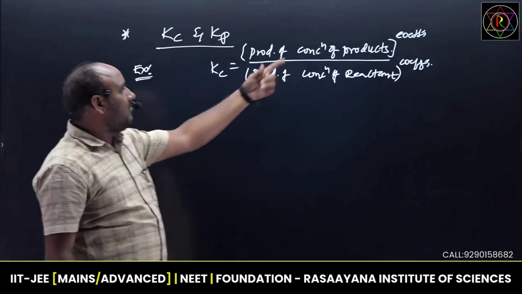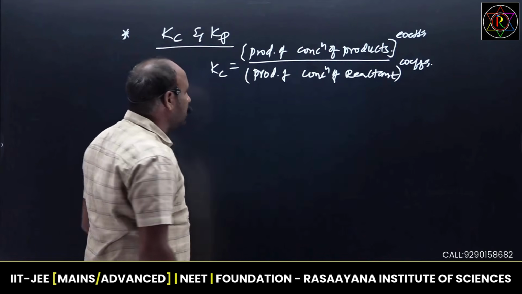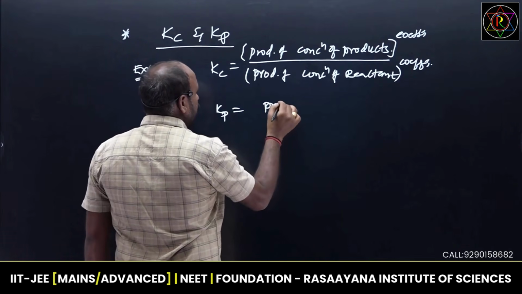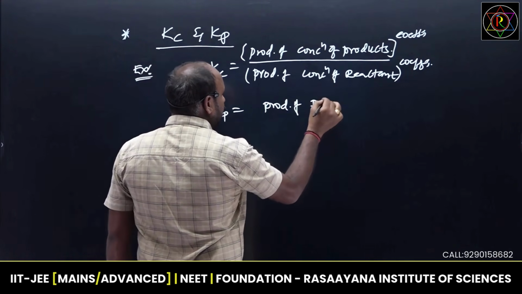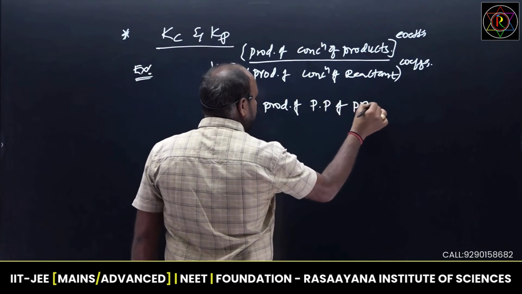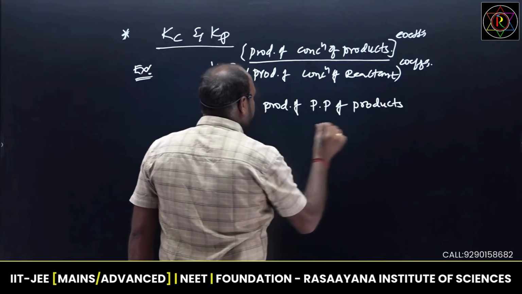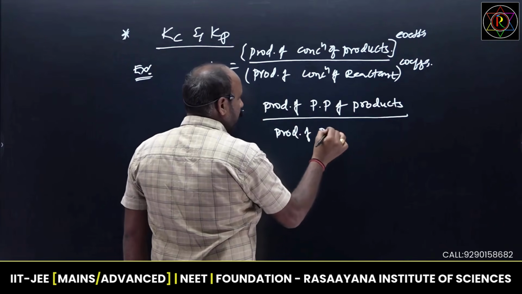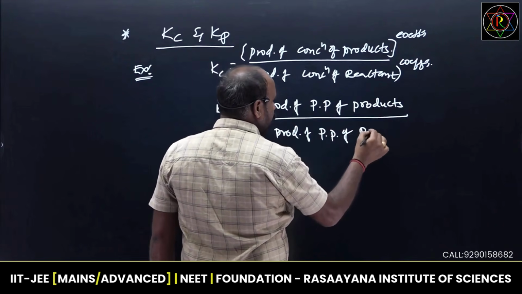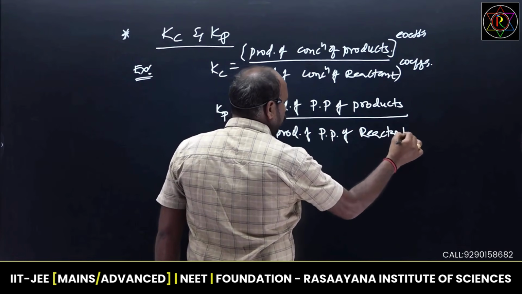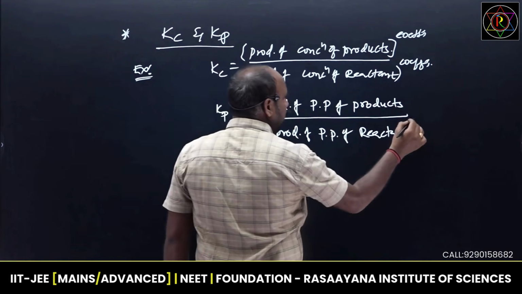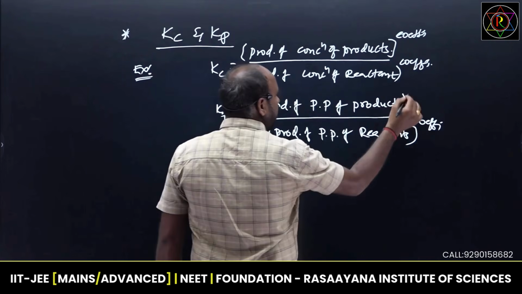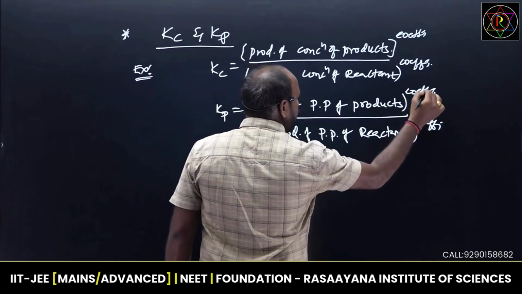Similarly, instead of concentration, if we use partial pressure, that is called Kp. Kp is equal to the product of partial pressures of products divided by the product of partial pressures of reactants, with their coefficients taken as powers.